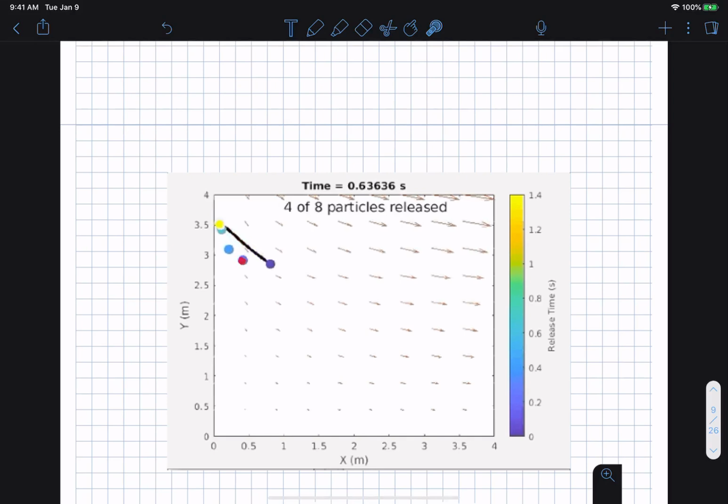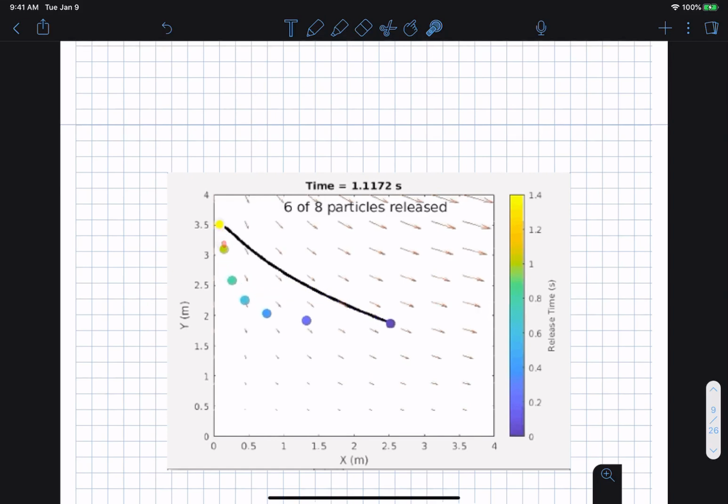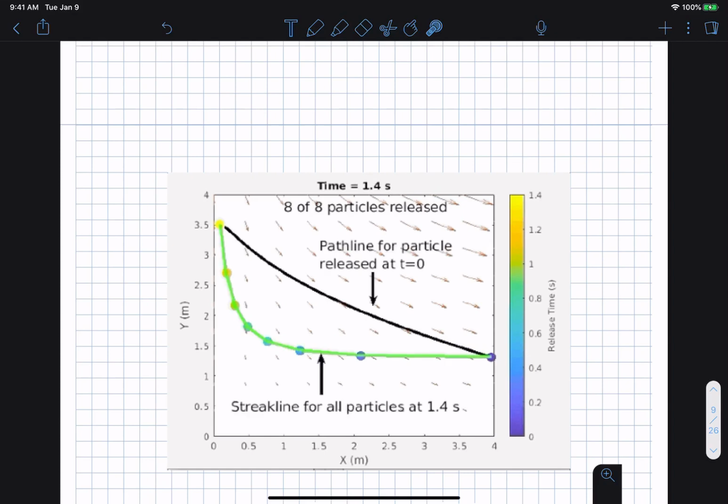This here is the second particle, the third particle, the fourth particle. This here is the release of the fifth particle, the sixth particle, the seventh particle, and the eighth particle.